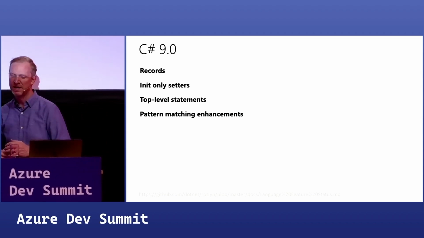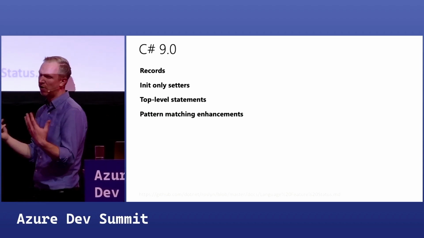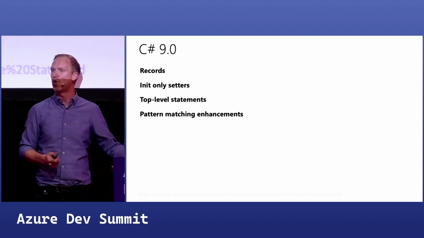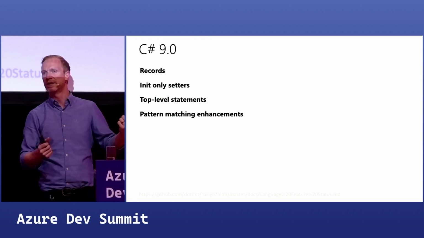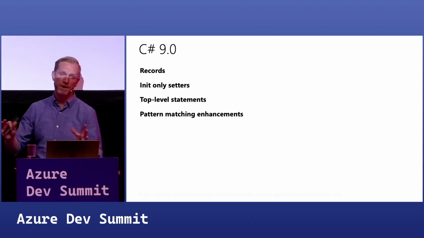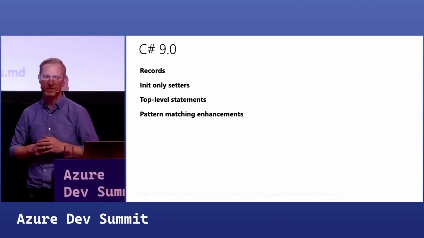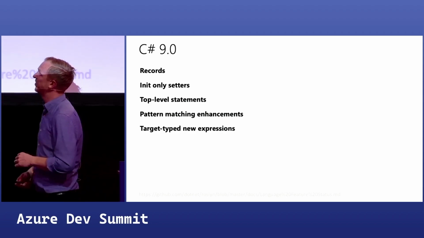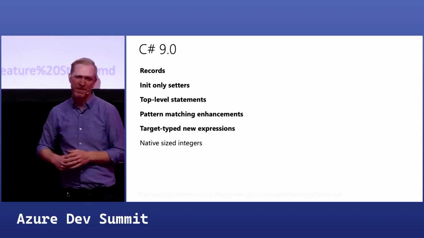That's what we're going to spend a little bit of time talking about, because this is also one of those language features that has taken inspiration from other programming languages like Swift, Kotlin, Java, and a lot of other functional programming languages as well. And there's the target-typed new expression that I talked about. And then there's a whole lot more.